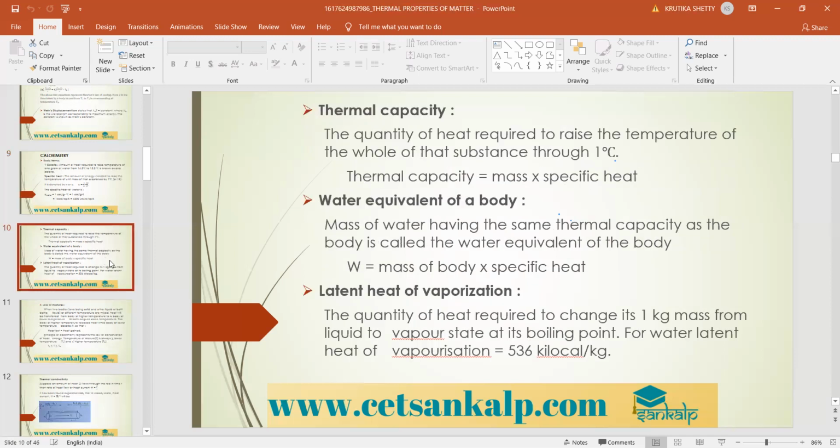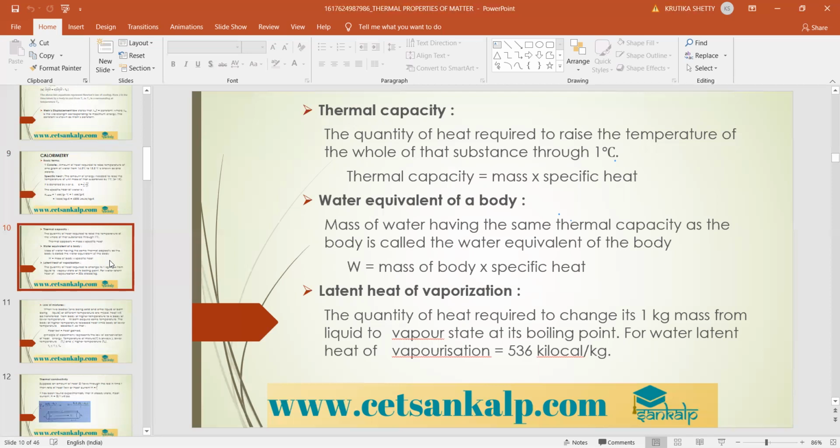Then next we have thermal capacity. The quantity of heat required to raise the temperature of the whole of that substance through 1 degree Celsius is called thermal capacity. This thermal capacity is equal to mass into specific heat.